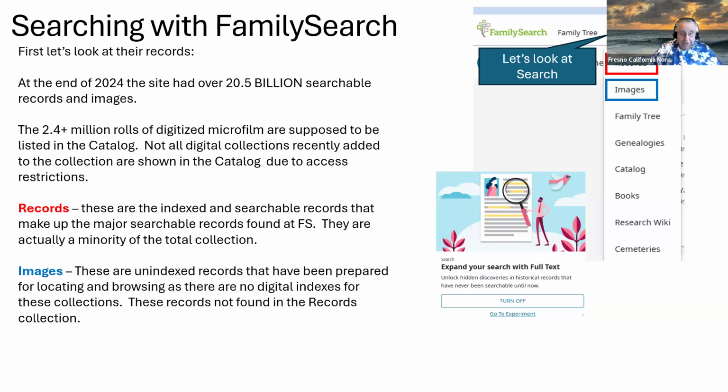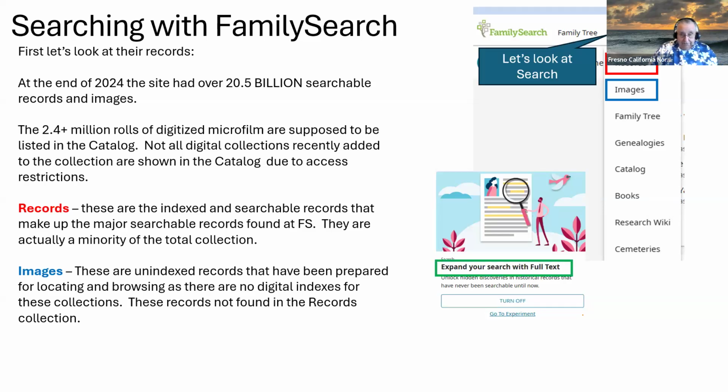For now, the ones that haven't been sent out to full text search are still listed under images, and you have to go searching for them by collection and then page by page until you find what you need. You can't search them by name.